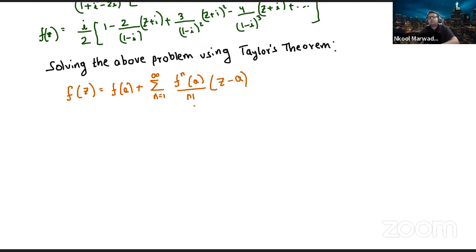Yes, that's right. So this is Taylor's theorem. Now we will apply this same theorem for the function 1 upon z plus 1 square. We'll apply that.